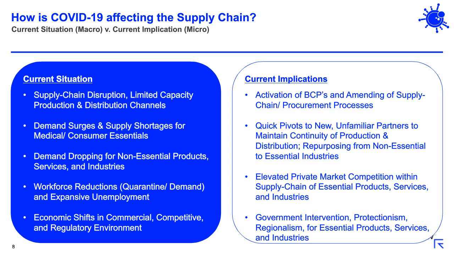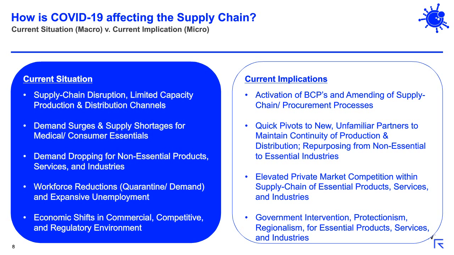We also saw workforce reductions via quarantine, via enterprises protecting their personnel, which has affected both supply and demand, and resulted in expansive unemployment, unfortunately, or repurposing certain folks to different employment roles.